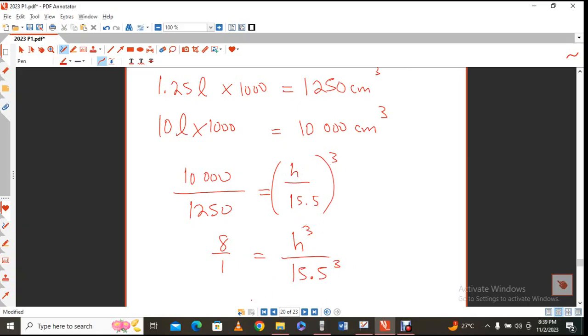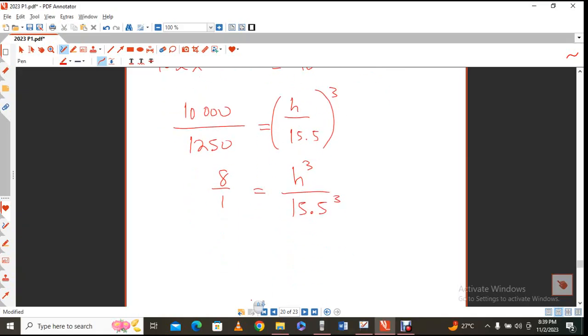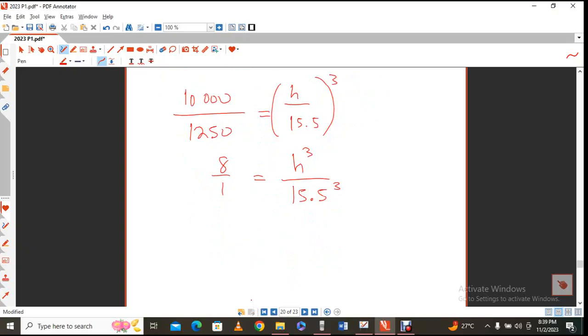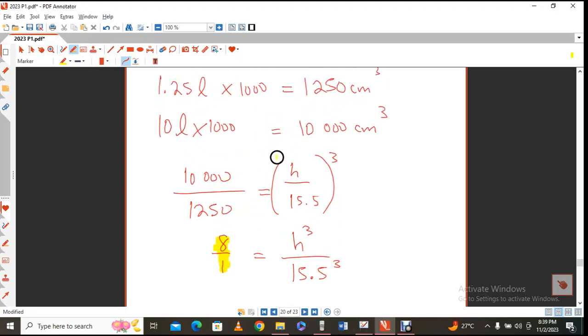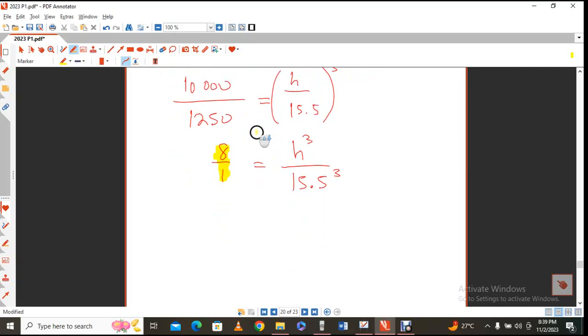So we now want to find the value of h. If you do cross multiplication, and I'll come back to this because it is very important, because all my explanations here of changing capacity to volume were not needed, and I'll show you exactly in the other part of the answer, but I just had to do it so that at least it can work for you to see. So cross multiply: you have h cubed equals 8 times 15.5 cubed.